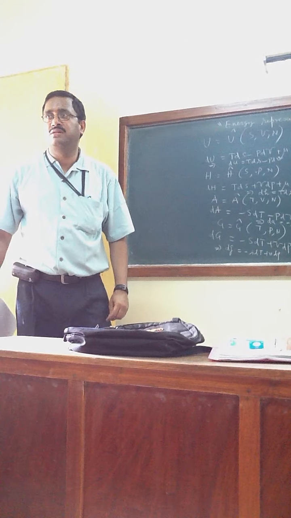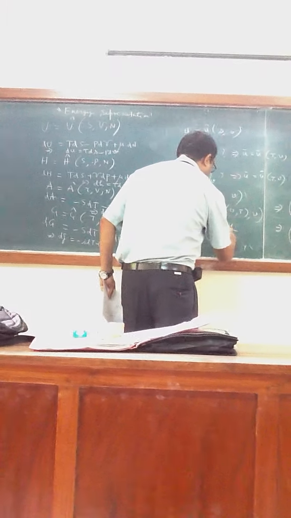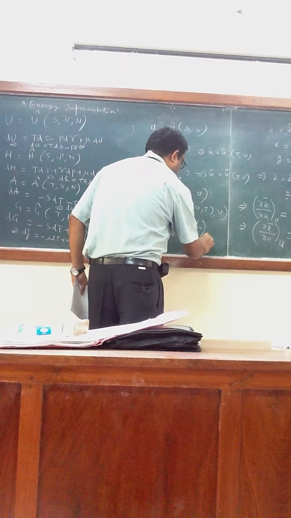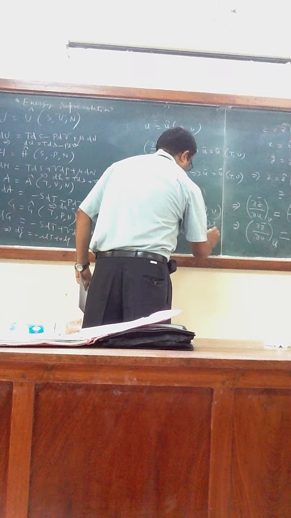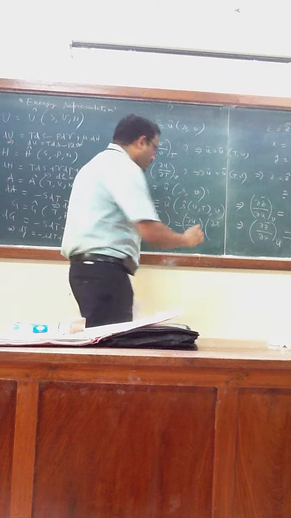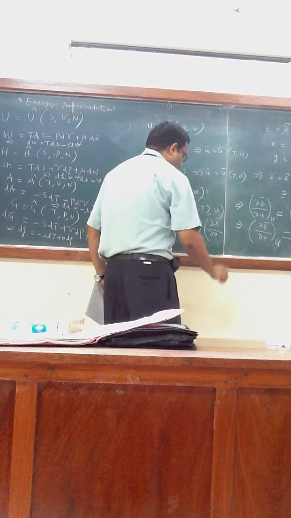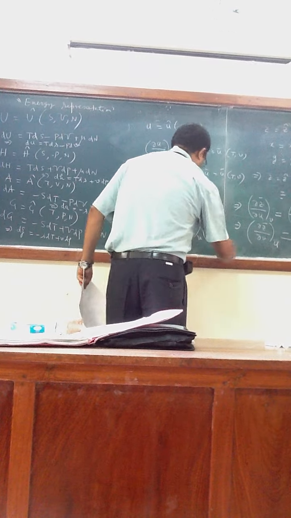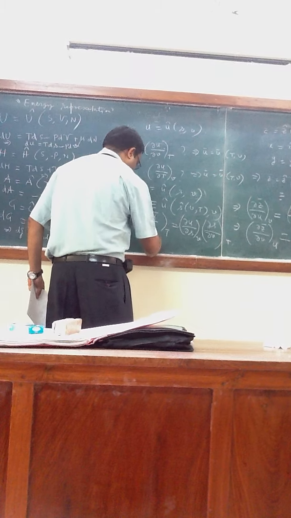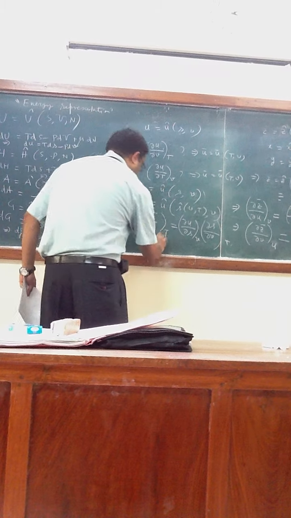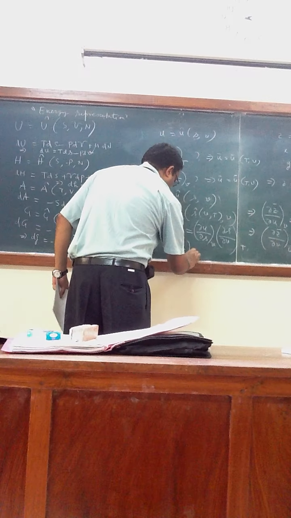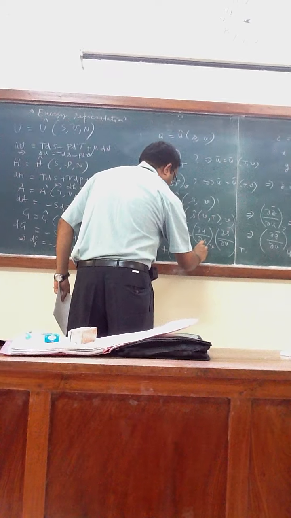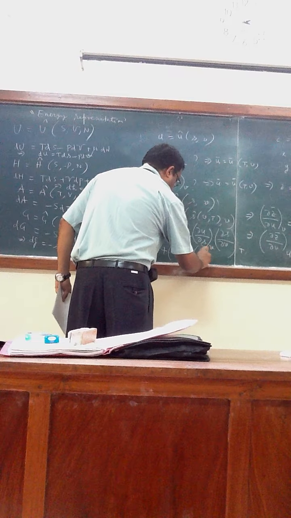It's so easy. ∂u/∂s at fixed v times ∂s/∂v at fixed t, plus ∂u/∂v at fixed s times ∂v/∂v.